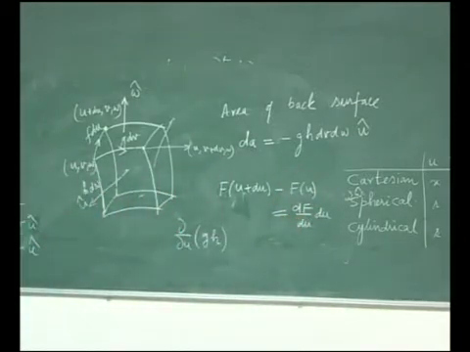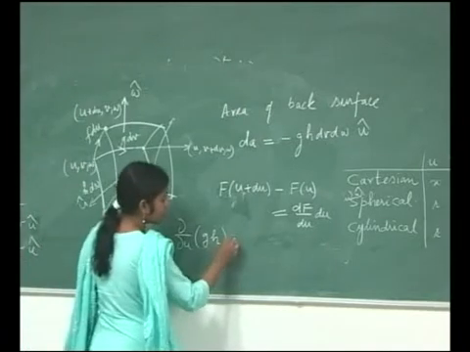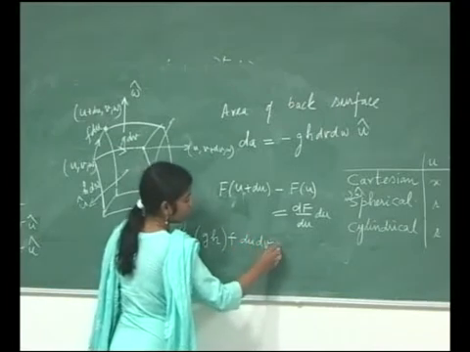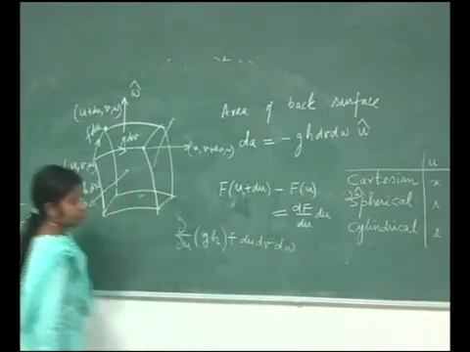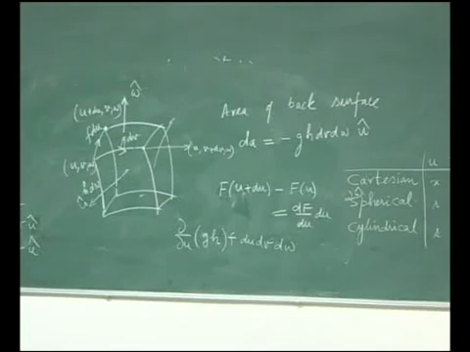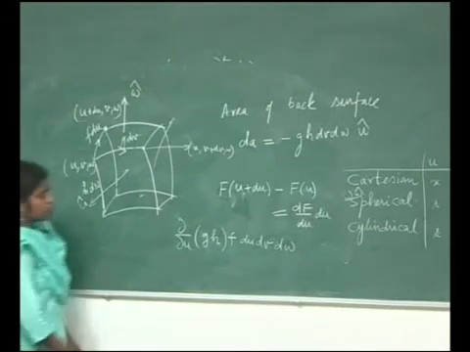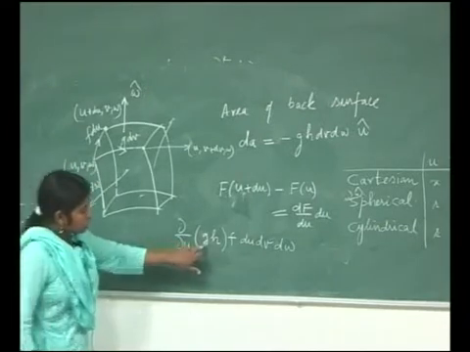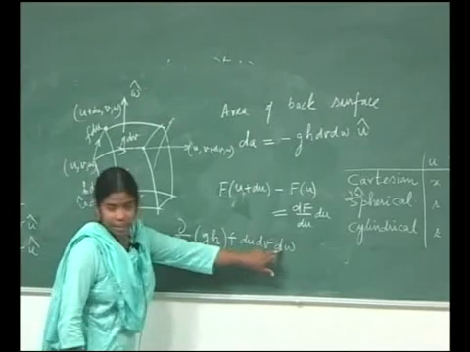I cannot write du because I don't know what it is. So I will write f du. So it will be f du dv dw. This is equal to gh f du dv dw.